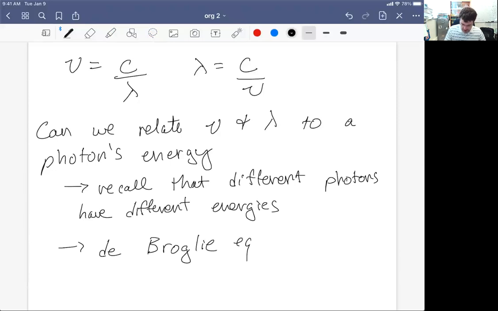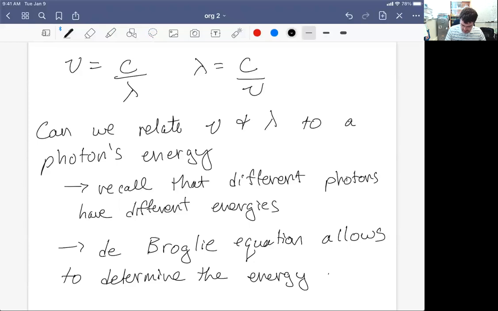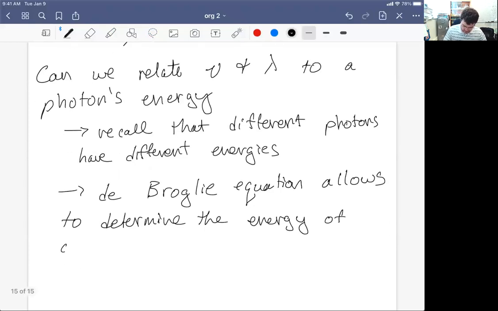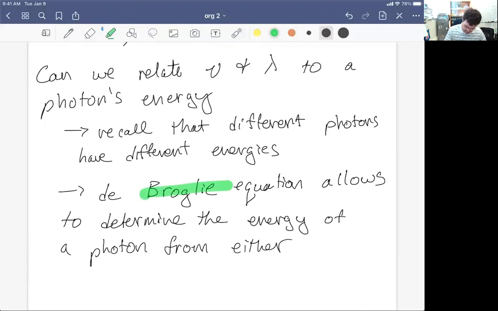The de Broglie equation allows us to determine the energy of a photon from either the wavelength lambda or the frequency nu.